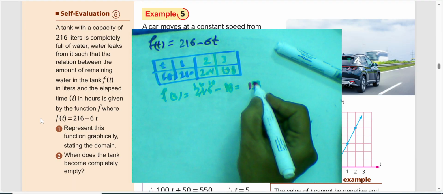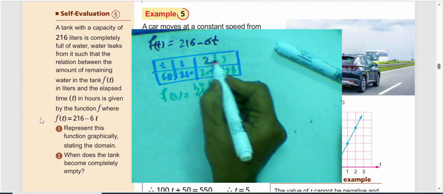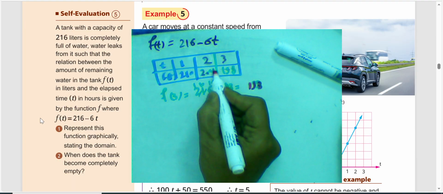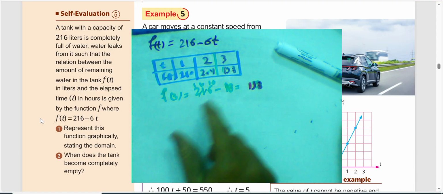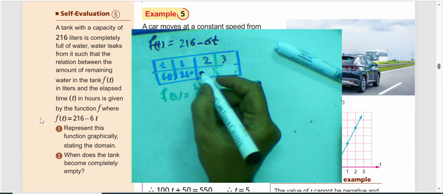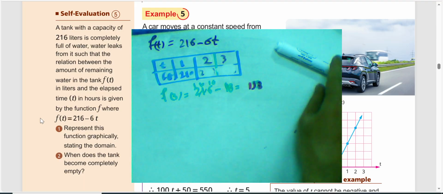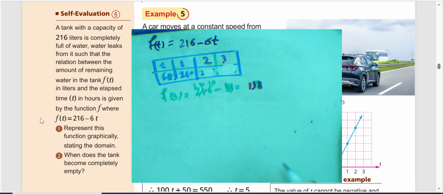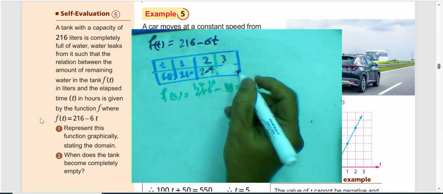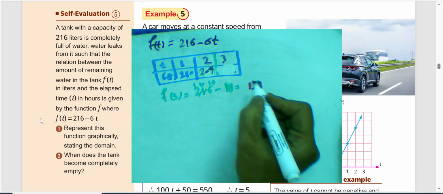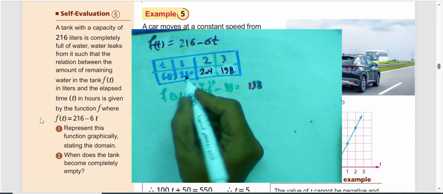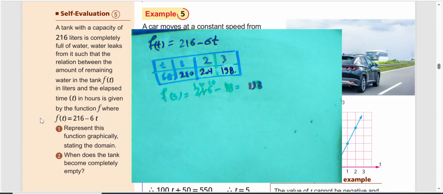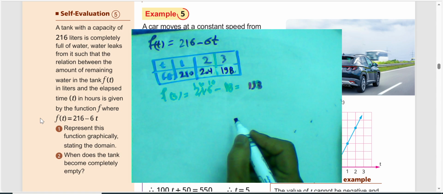Okay, you can see the answers. We have here for 2 and 3, 204 and 198, and this 210. Okay, now we can draw graphically.